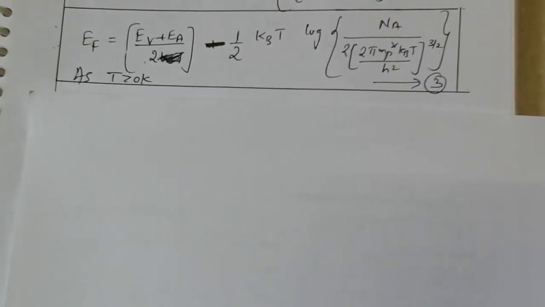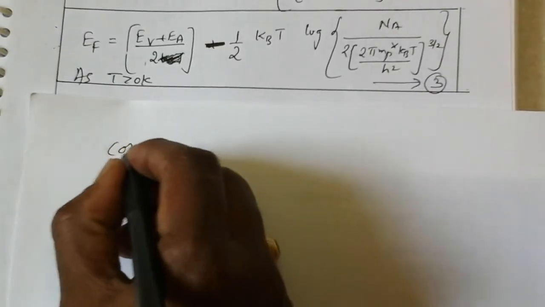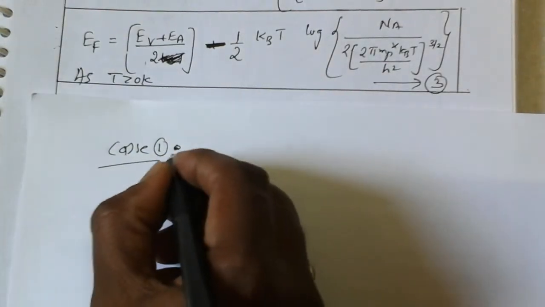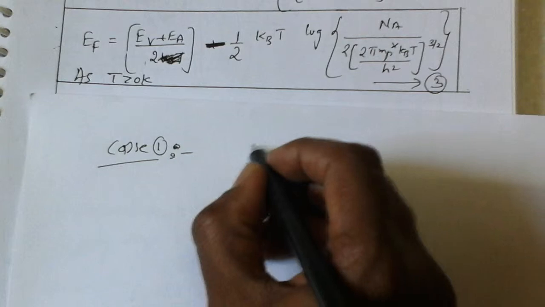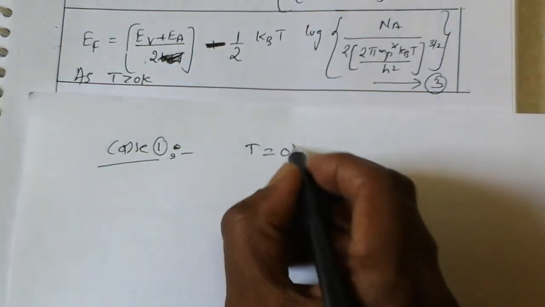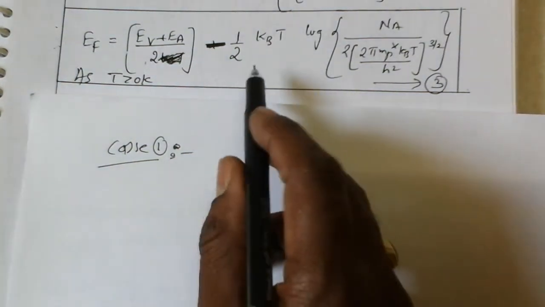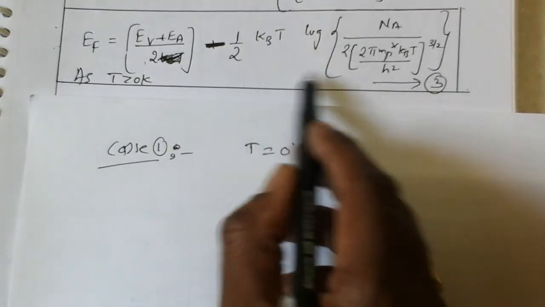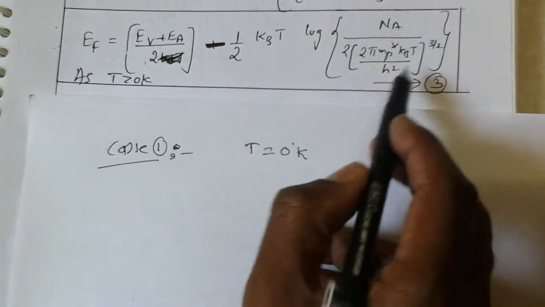Now case 1 we are taking. If you take case 1, T is equal to 0 Kelvin. If you write T equal to 0 in this equation, this entire term is going to become 0.